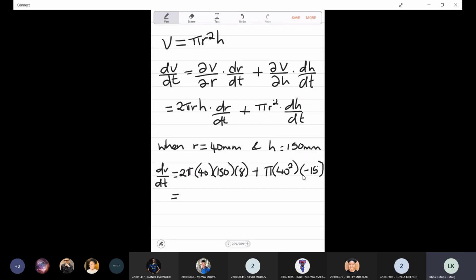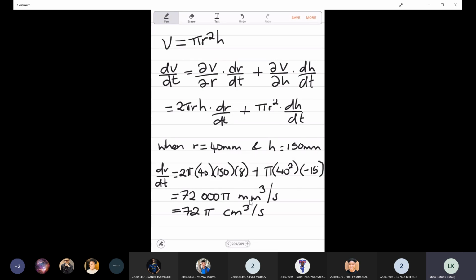So this you just type in on your calculator. It says we must leave it in terms of pi. So this is 72,000 pi, but this is millimeters cubed per second. The question says leave it in centimeters cubed per second, so you just divide by 1,000. So this is 72 pi centimeters cubed per second.